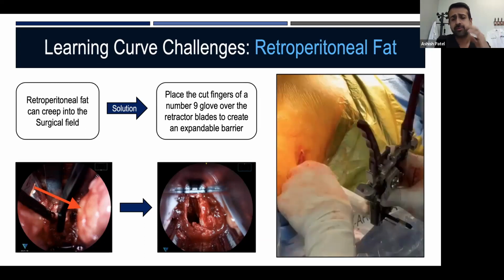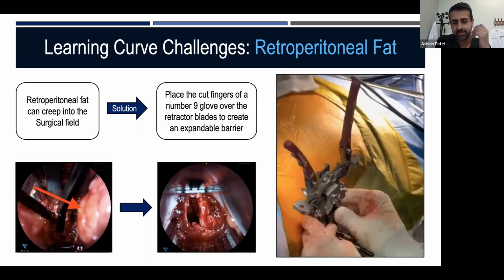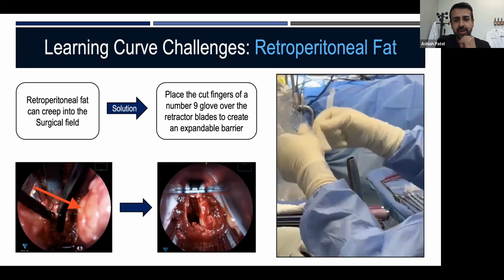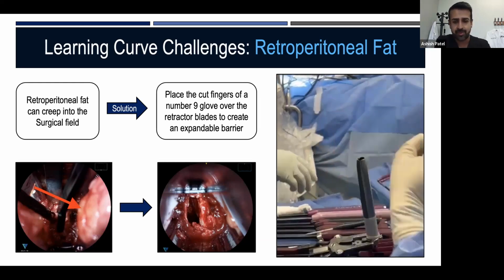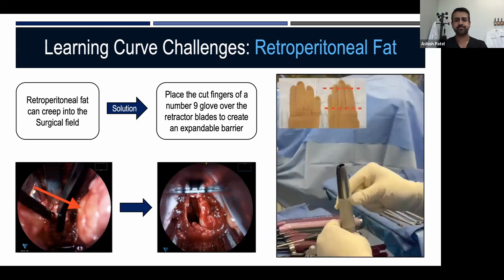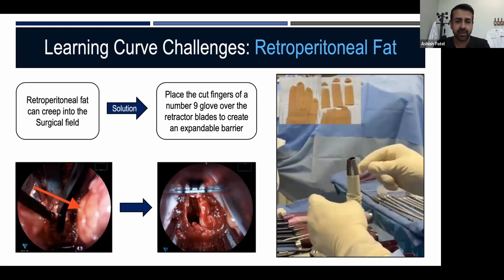Then I'm at a different hospital and I use a number 9 glove, and guess what? It bunches up. So I've got to turn to a number 8.5 glove, and you don't really want it to be too tight, depending on how much you're opening it up, because if you have a retractor where you can get blade deflection, it could really limit the amount of opening that you get as well.